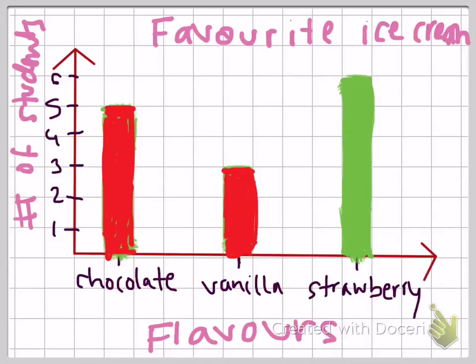Also, we have the last category, which is strawberry. The reader can tell that it stops at level 6, so there are 6 students who like the flavor strawberry, and I'm just going to color that in.